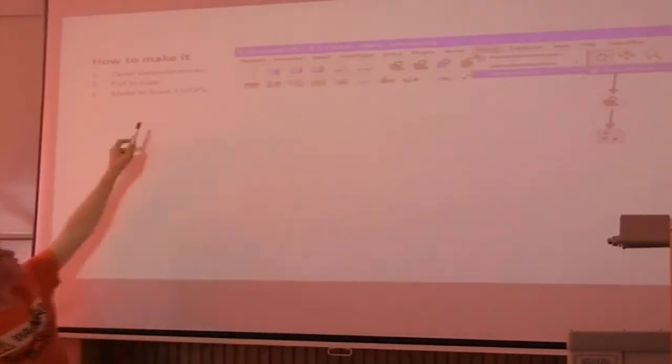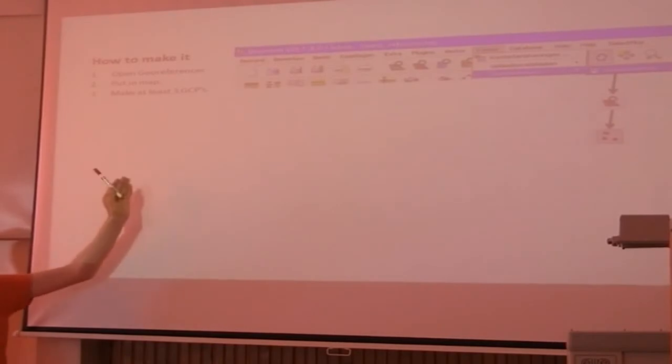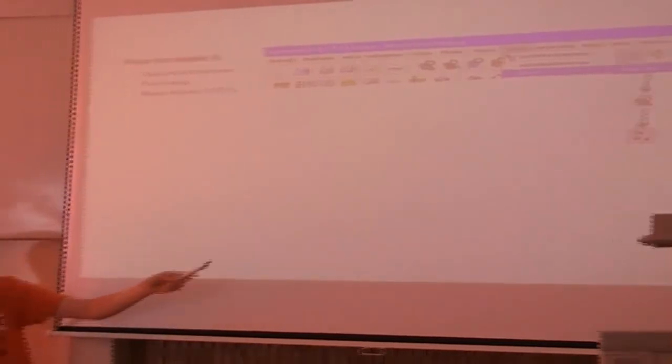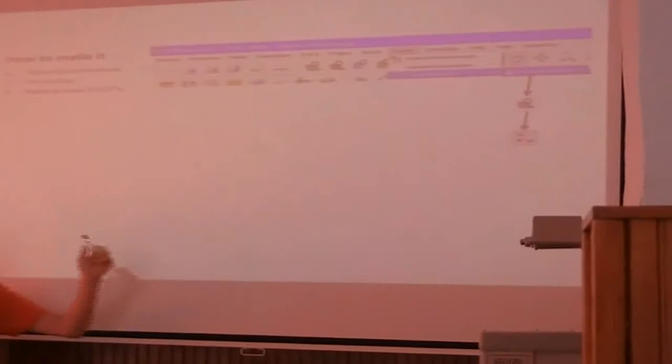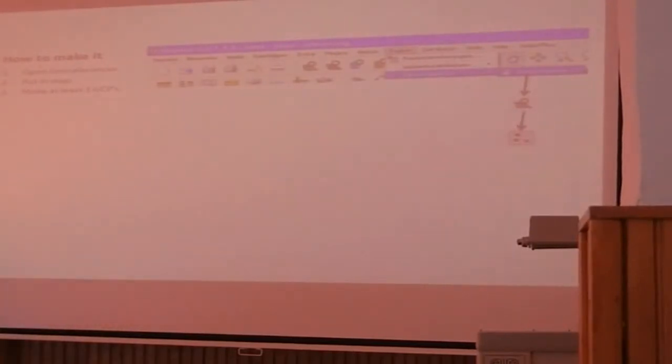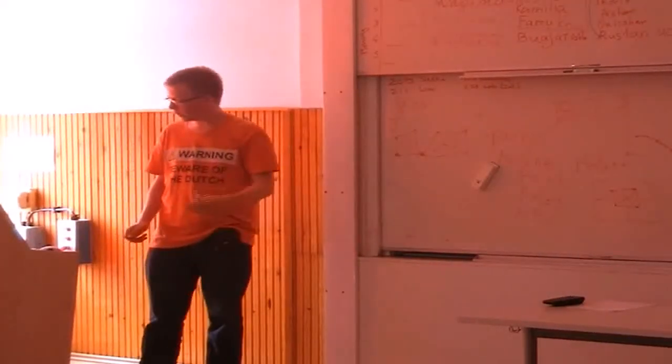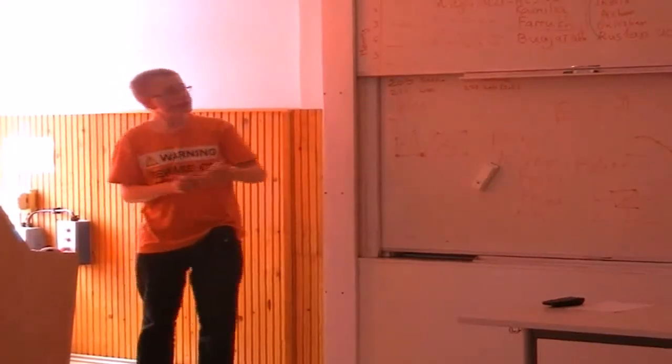Then you make at least 3 ground control points, otherwise it won't do anything. You click that button, then you first click on the modern map, then you say from map canvas, and then you click where it is on the real map, like I explained here. And then you say start georeferencing.